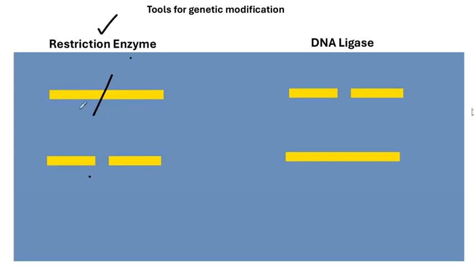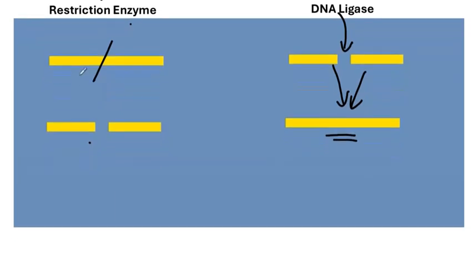Working in the opposite direction, we have DNA ligase. DNA ligase takes fragments of DNA and joins them together into the single structure of DNA. So they work in opposite directions in their action. These two tools are essential for genetic engineering.